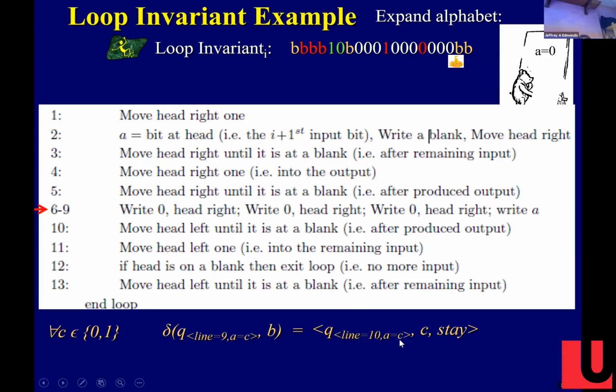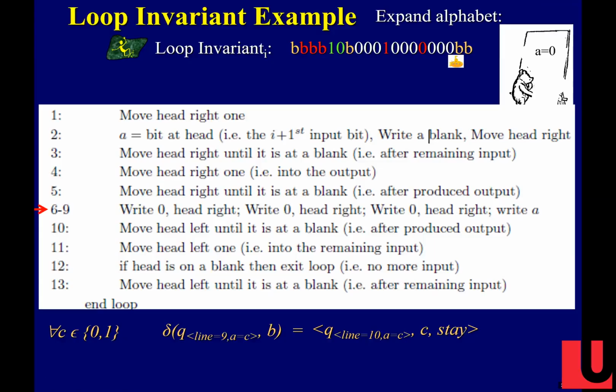If I'm in the state where I'm storing 1, then I write 1. Sir, when we said write A at the end of lines 6 to 9, does it mean we take the value from the board? Yes. Take the value here, store it, and write it on the tape. Right, the A is going to be written there.